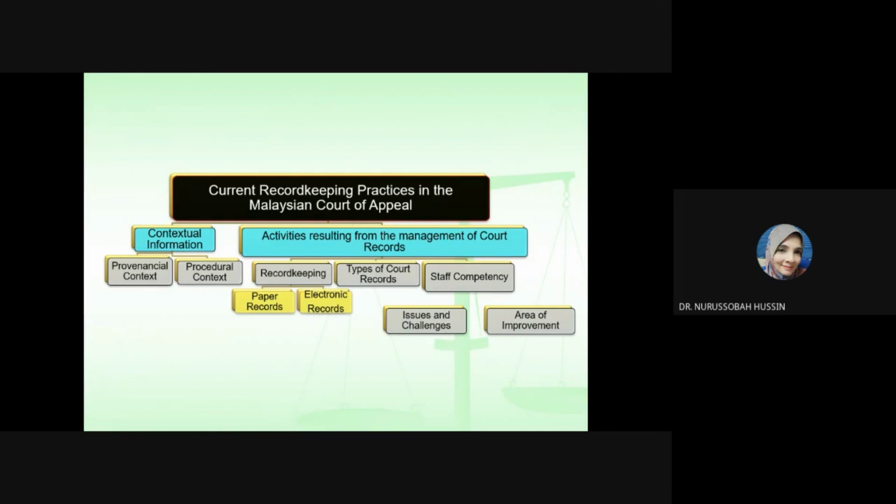Okay, and then we have to investigate the issues and challenges, and also the areas of improvement. If we are able to collect all that information, it's easier for us to do the next steps, and easier for us to design the trusted electronic records management system.